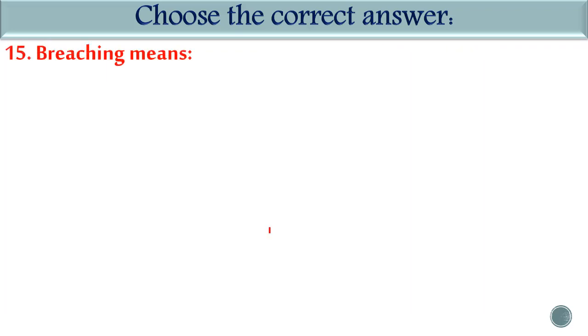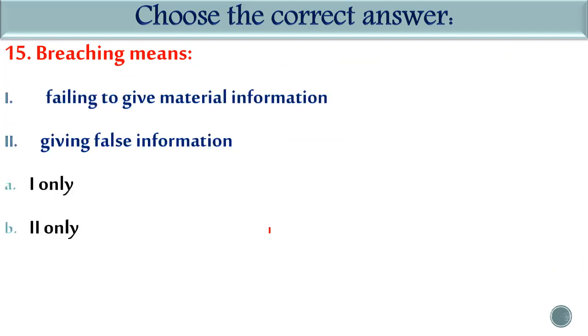Number 15, breaching means a breach of duty of utmost good faith. It can take one of these forms: non-disclosure or misrepresentation.